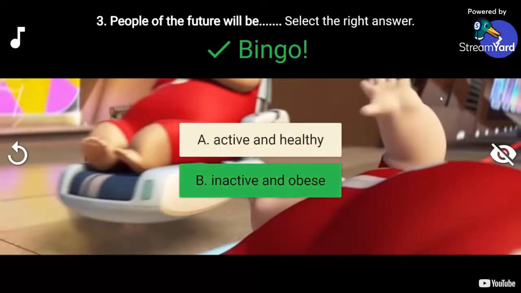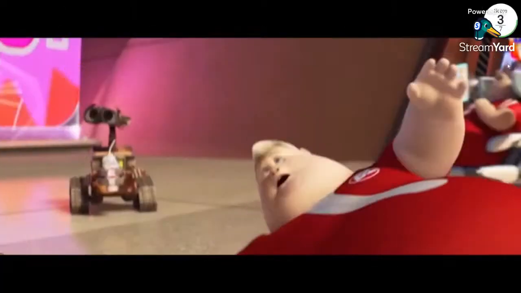As you can see there, no one in that picture or in the video looks healthy or even remotely thin, or what we call slim. So again, why do you think people of the future might be inactive and obese compared to what we have now, or even what we had in the past 20 years? Okay, right. We are moving on to the next question.